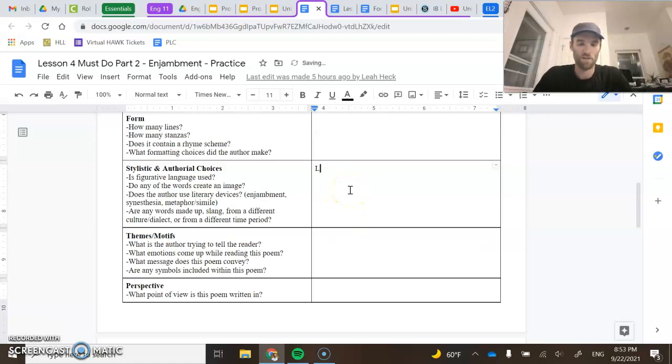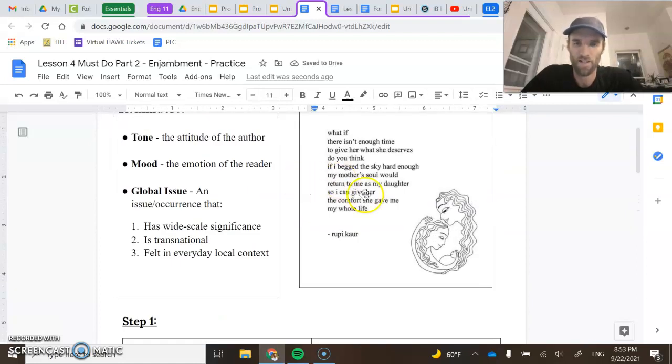devices? Well, you may say, literary device, enjambment. Make sure I spell that right, there we go. And then I'll just go ahead and type out those couple of lines. I think the most important one I'll go with is, my mother's soul would return to me as my daughter.